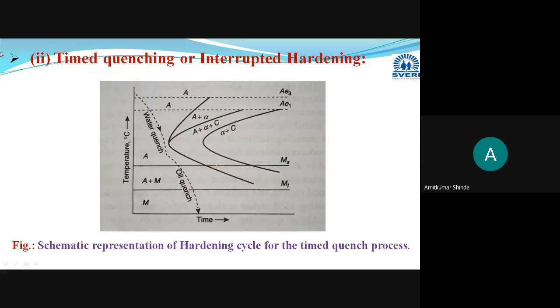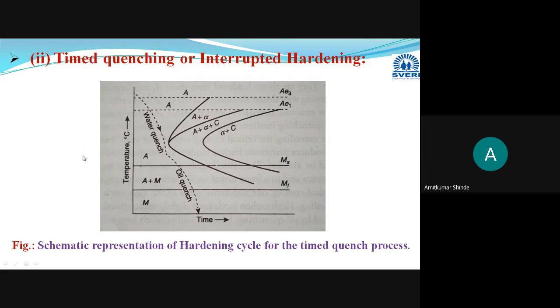In this hardening process, we want to improve the hardness of the steel, its wear resistance, and cutting ability. For that, we are performing the hardening process. The first step will be the heating.